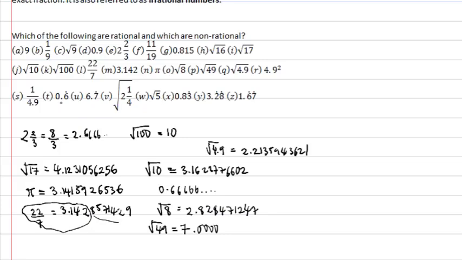This one is a rational number. It was 0.66666 continuously, so it is repeating. That means a rational number. This one too is a rational number. That means 6.77777.